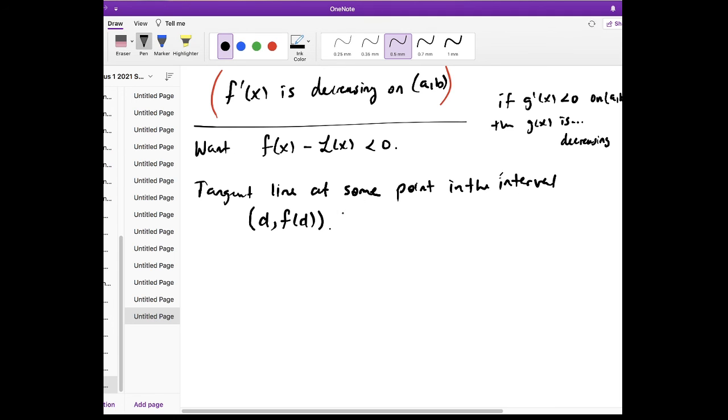Good, yeah. We need the slope, so that's the point, and the slope is f prime of D. So L of x equals f of D plus f prime of D times x minus D. This is point slope form.